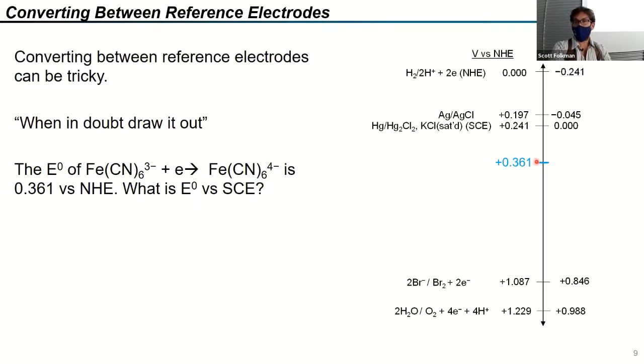And so we have shown here 0.36, and we can interpolate where this might be. We know it's not going to be a negative number. It's more positive than 0. We know it's not going to be huge, it's not going to be 0.8, and the correct conversion is a subtraction of 0.241 volts, and indeed the E0 of ferricyanide versus SCE is plus 0.12 volts.